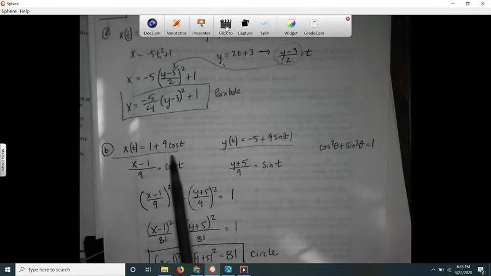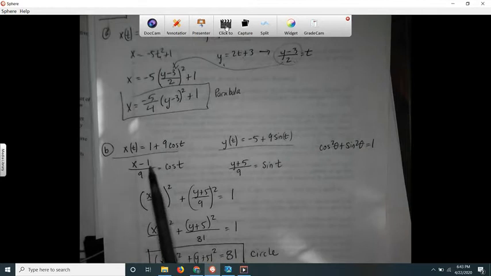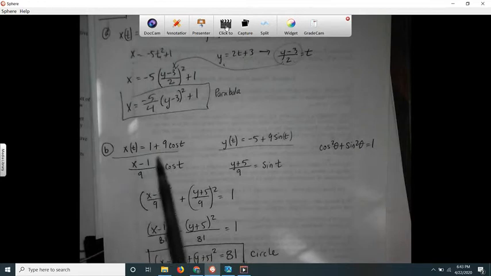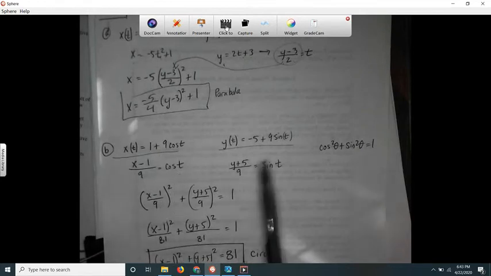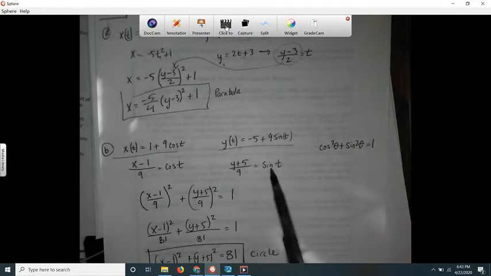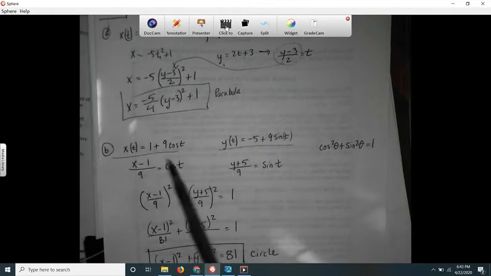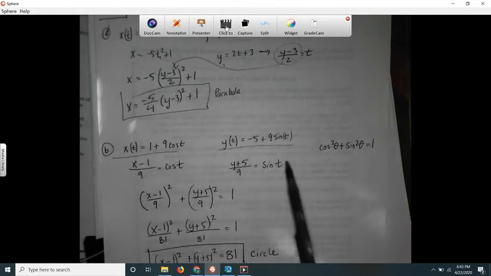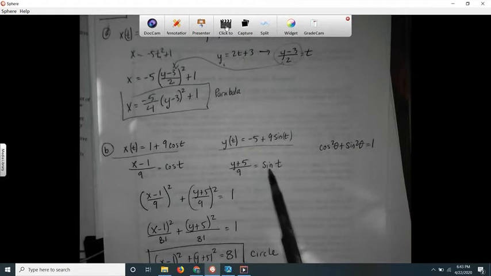So I'm just going to do the best I can and get cosine t by itself. I turn this into an x, subtract 1 and divide by 9 to get cosine t by itself. And over here I turn that into a y, add 5 and divide by 9. So now I have this one in terms of cosine t, and this one in terms of sine t.